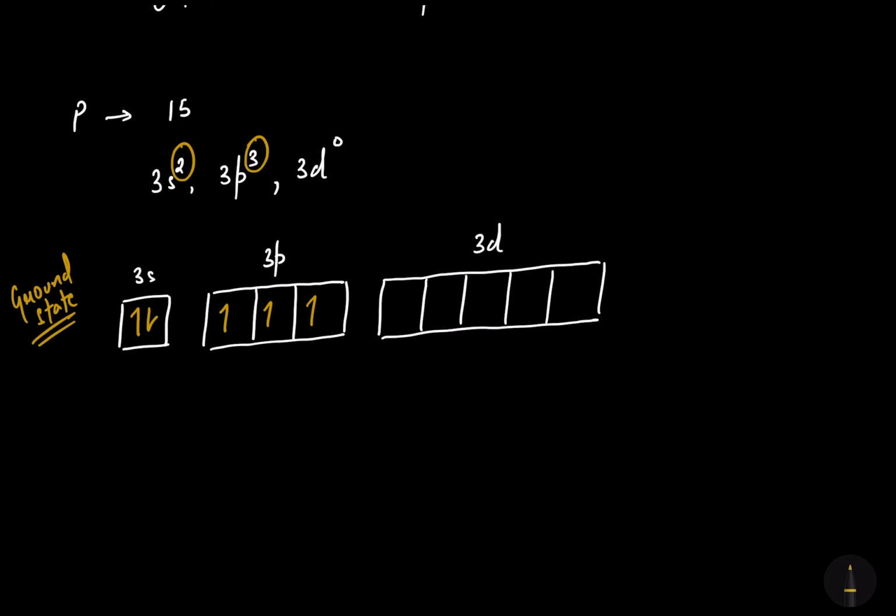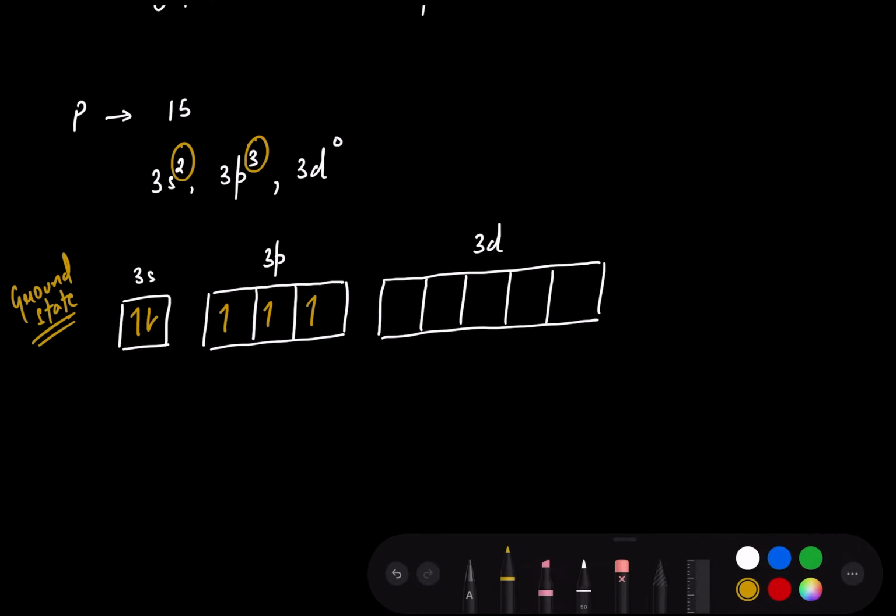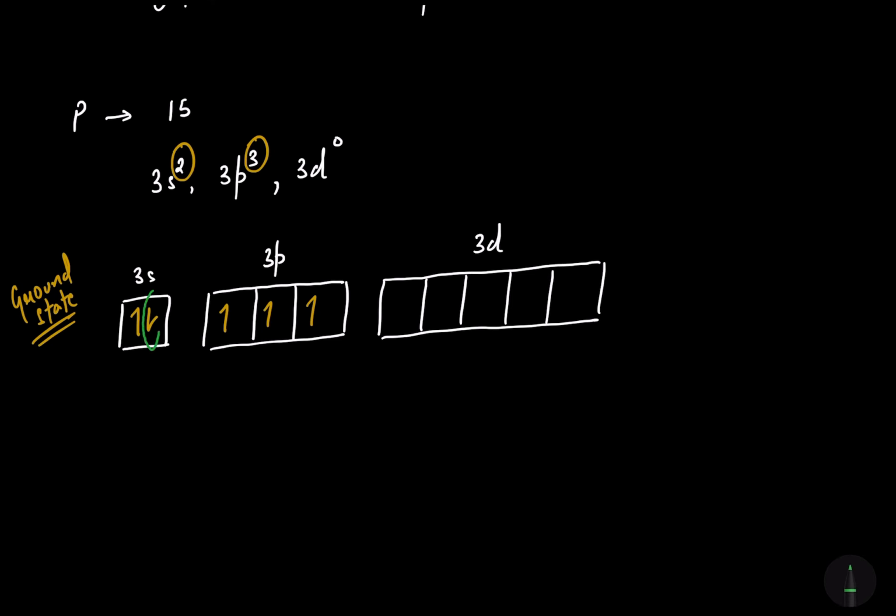So to make the 5 orbitals having 1 electron each, we must excite 1 electron from 3s to the 3d orbital. So here 1 electron has been excited, or jumped, from the 3s orbital to the 3d orbital.